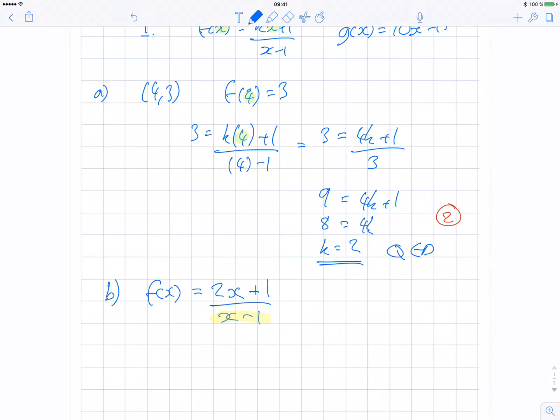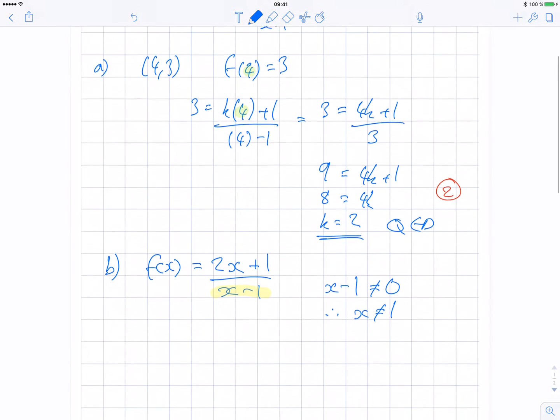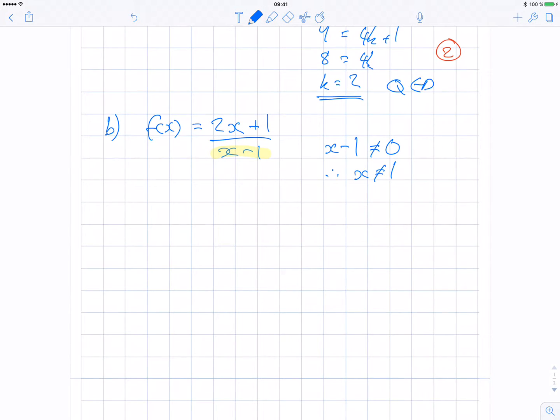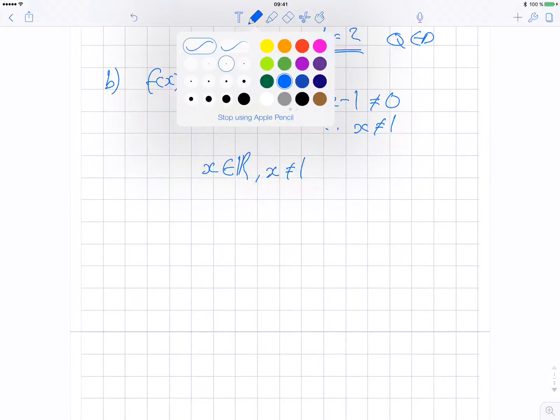So we say that x minus 1 cannot equal 0. Therefore, x cannot equal 1. So the domain: x can be any real value, but x cannot equal 1. And that was 2 marks as well.